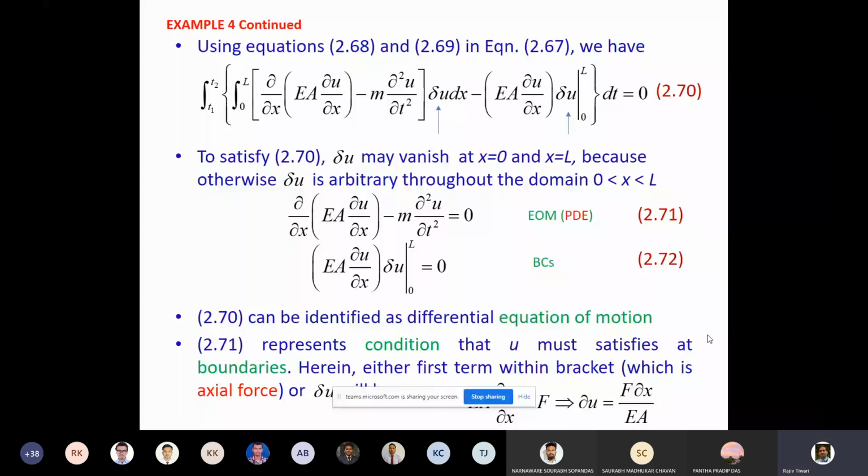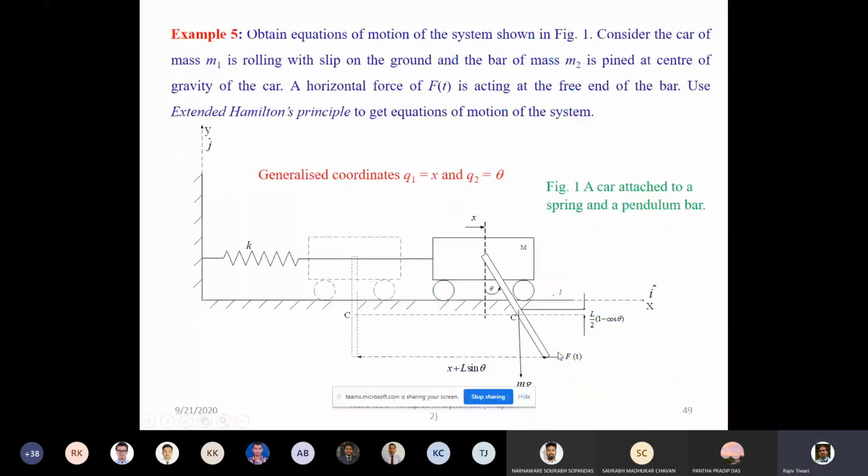Yeah. So this is the same example where I derived the equation of motion using the virtual work principle. Just to have familiarity, how we obtained the equation of motion in the previous case, what is the difference here, and what is the similarity we want to check.